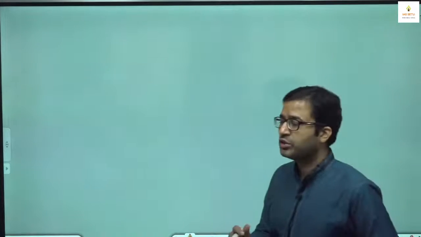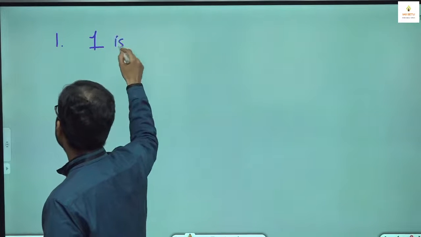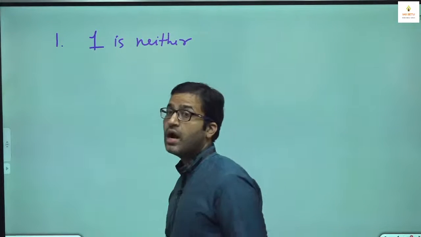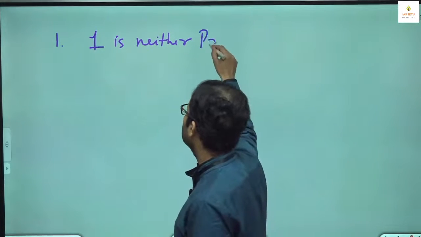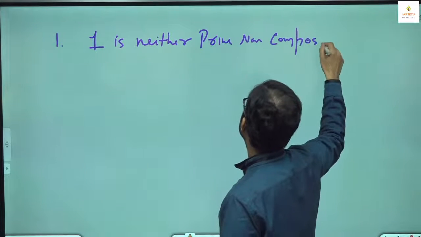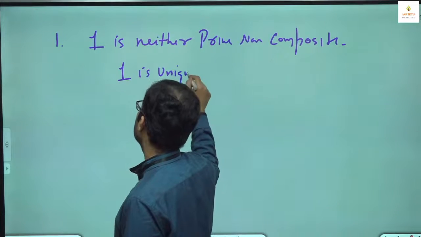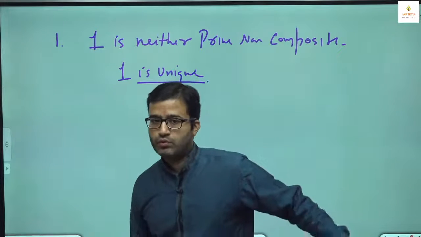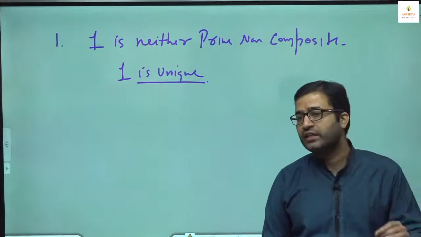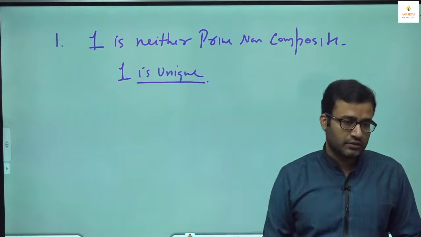I give you some factual information about prime numbers. 1 is neither prime nor composite. Some students ask me, sir, can we consider 1 the smallest prime number? I tell you 1 is neither prime nor composite. 1 is unique, because 1 is the only natural number in this universe which has exactly one factor.